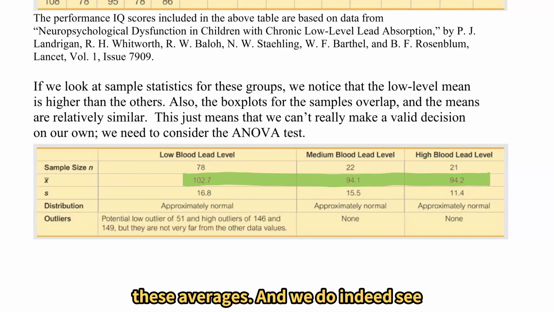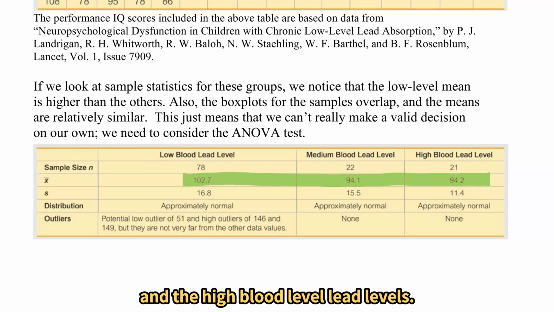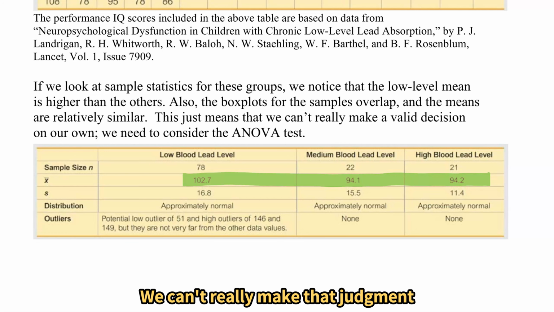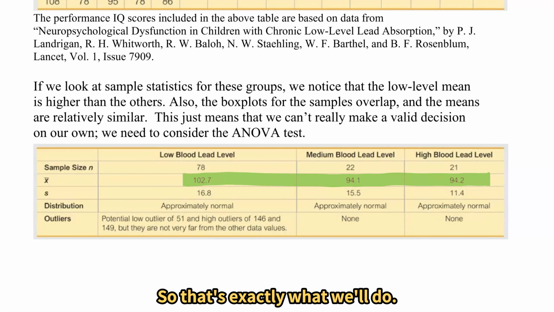And we do indeed see that the low blood lead level is higher than the medium and the high blood lead levels. But we can't make a decision just by looking at these numbers, because 102 compared to 94, how close is it? We can't really make that judgment just on our own understanding. We need to use some statistics. So that's exactly what we'll do.